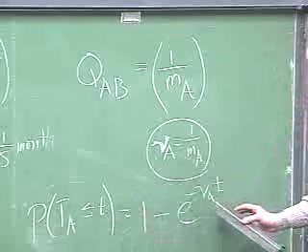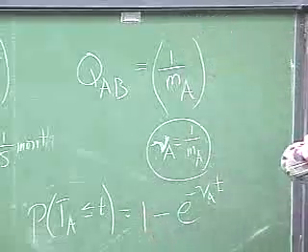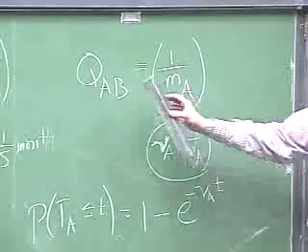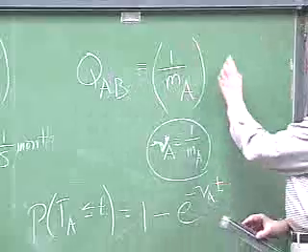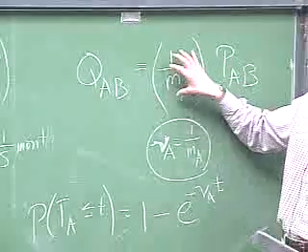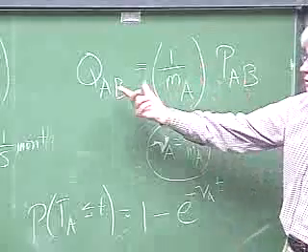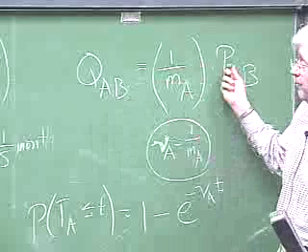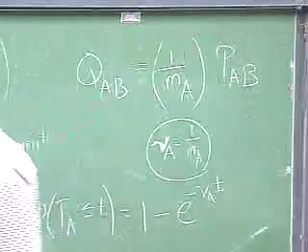So this exponential has a rate, and that rate is what's exactly going here, just like always. The intensity of going from A to B is the intensity of leaving A times the probability of then going from A to B. This is the rate at which you leave A, and this is the probability that you go from A to B. So there's taking M and P going to Q, just as you would expect.